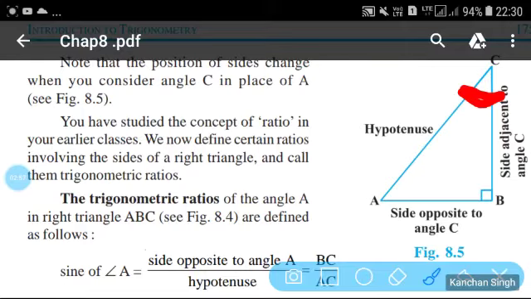If you only remember that sine is P by H, you may get confused in such situations. To write sine of any angle, angle or theta, in triangle ABC, it should be opposite side by hypotenuse.